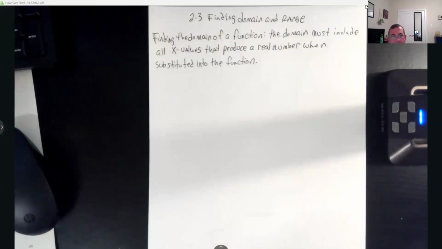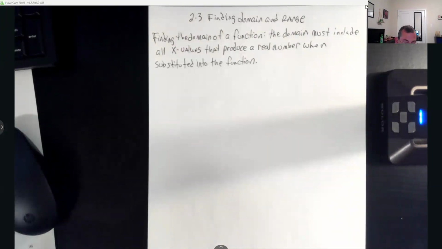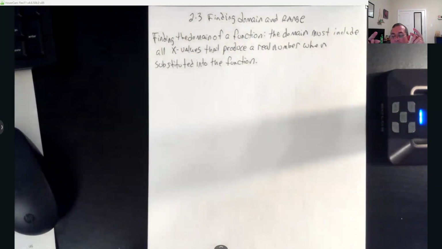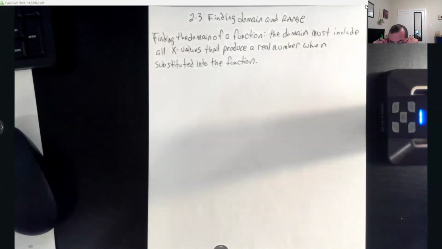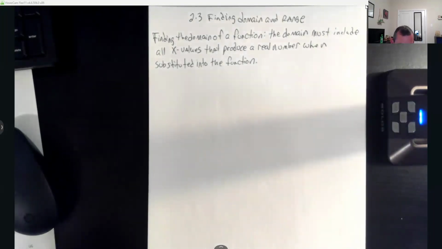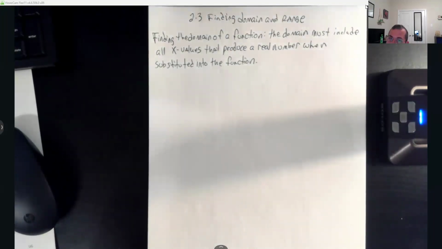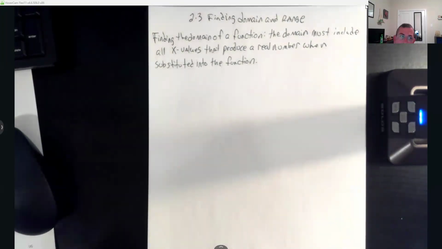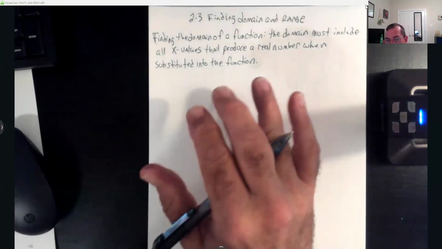Okay, so if I put this x into the function, I have to be able to evaluate it and get a real number out of it, okay? Now, I'm going to tell you, there's only two types of numbers that are not real numbers, okay? Now, one of them we won't mess with now, but that'll be what we call imaginary numbers. Now, we'll look at imaginary numbers later on in life.